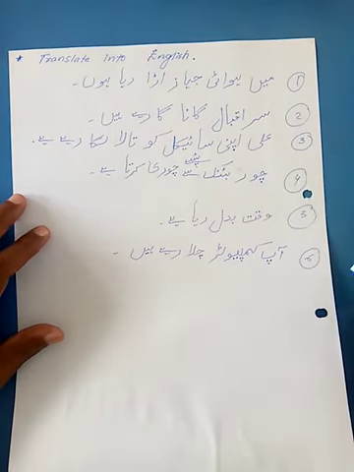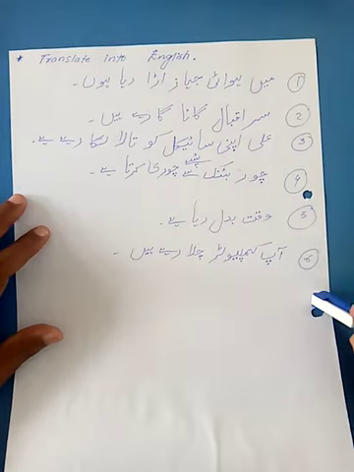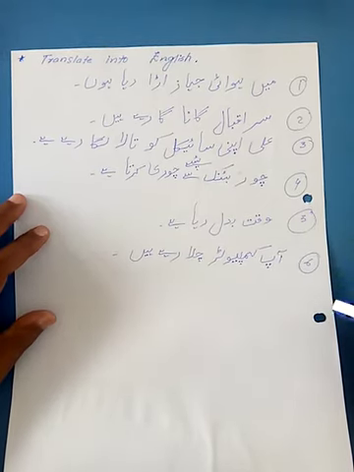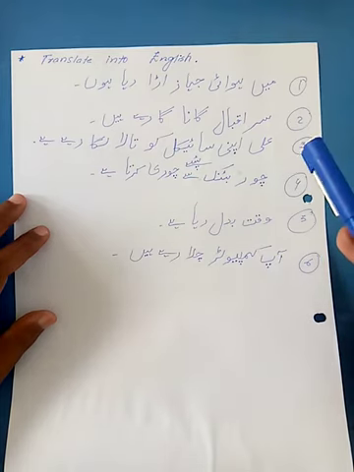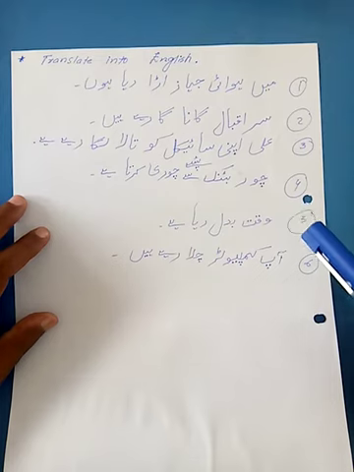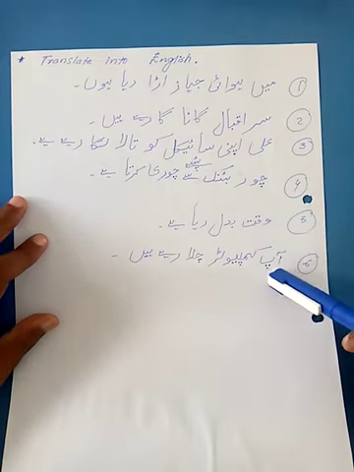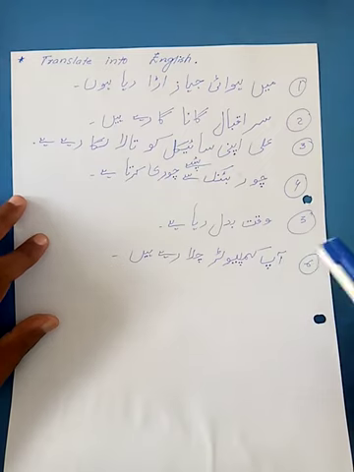Helping verbs of this tense will be is, am, are, and the ing form of the main verb will be used. These are very simple and common examples of sentences in present continuous tense. You have to read them very carefully and submit your homework on your WhatsApp group.